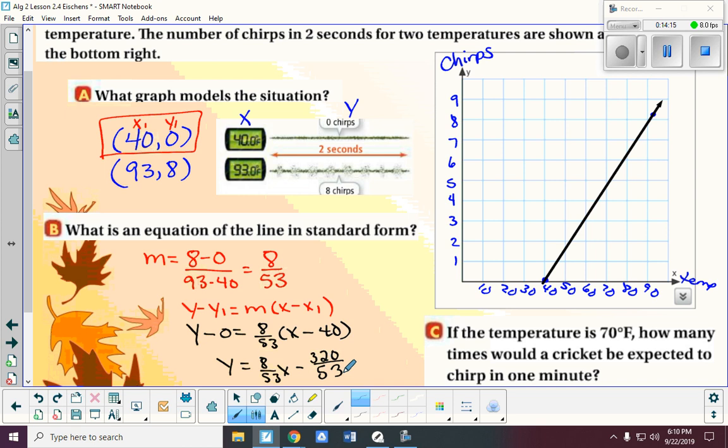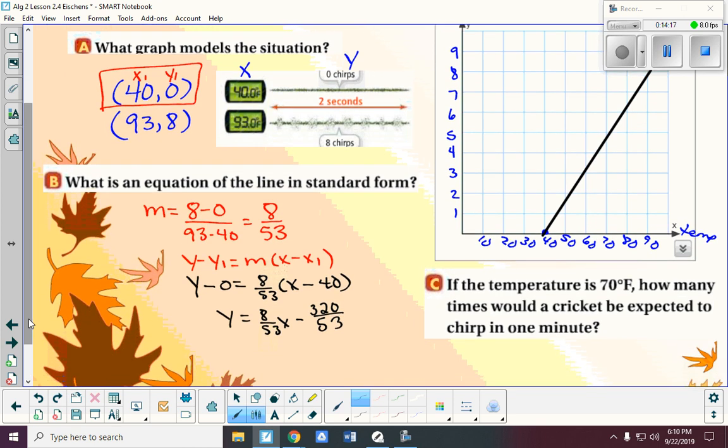And so in part C where it says if the temperature is 70, how many times would a cricket be expected to chirp in 1 minute? So we can substitute 70 in for the input. So the x values would be the temperature, so we'll put 70 in for x.